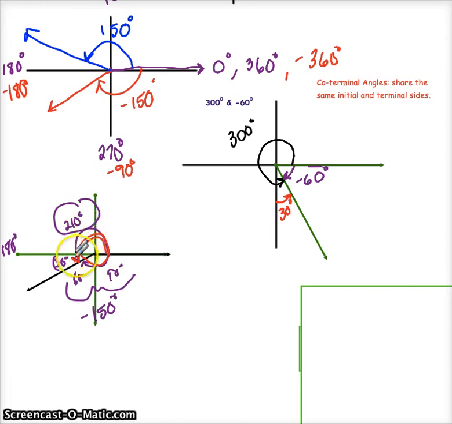If we travel around one time in the positive direction, we've traveled 360 degrees. If we continue back to that terminal side, we've traveled an additional 210 degrees. So if we add those together, we have a coterminal angle of 570 degrees. So we have the same initial and the same terminal side, we've just traveled around an extra time. So we have an additional rotation.